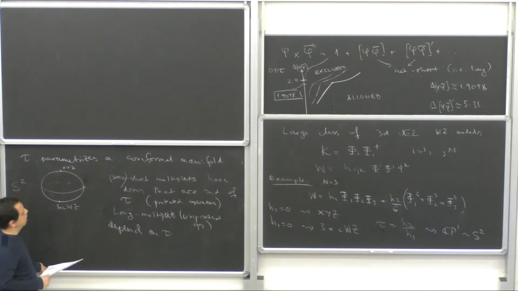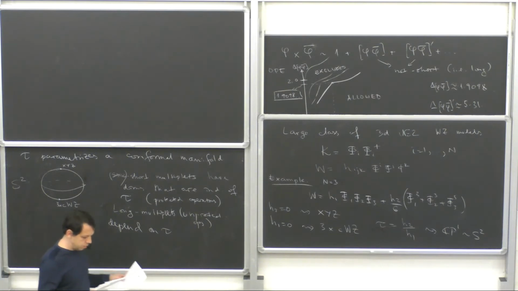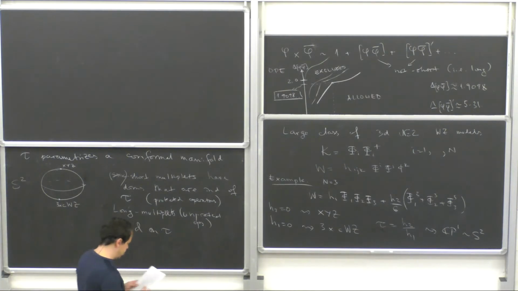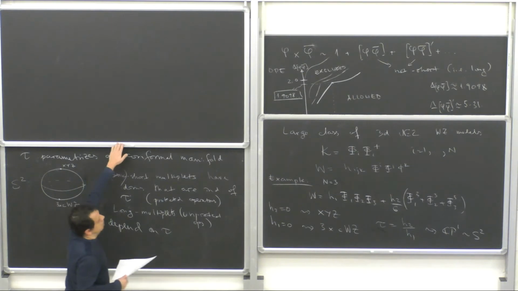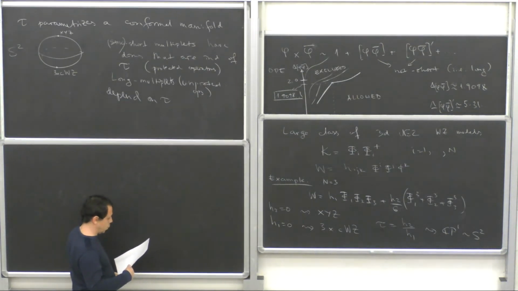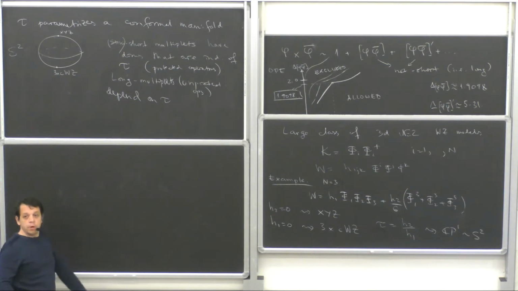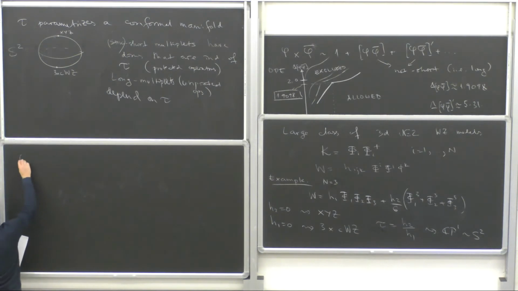Okay. So I want to give you one example of this because we did something with my friends. The simplest long multiplet, or unprotected operator, that I can construct is this one.